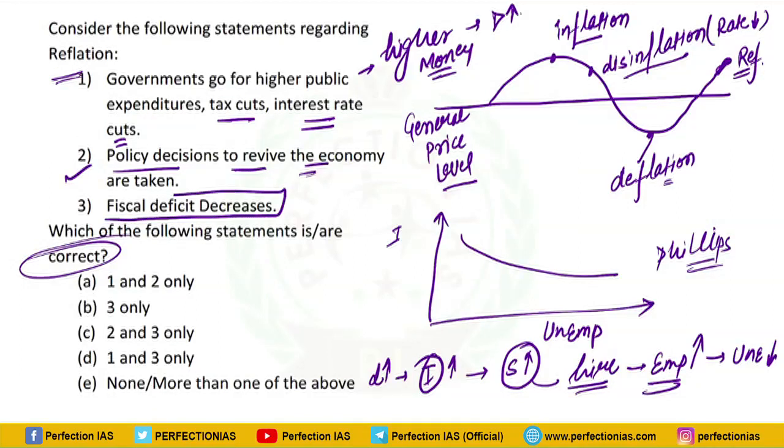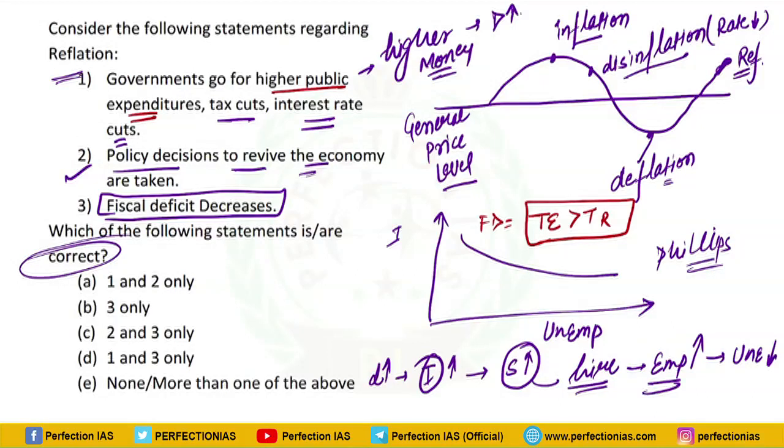Third is fiscal deficit decrease. Now, fiscal deficit means, in simplest terms, the total expenditure of the government is greater than total income or total revenue. Now, since the government is trying to increase the demand in economy, government is going to spend more money. That means government is going to increase the public expenditure.